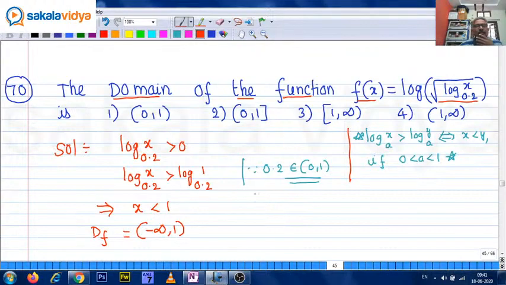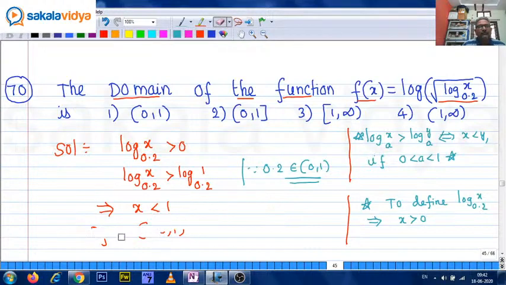One more thing to remember: in order to define a logarithm, for example log x to the base 2, x must be greater than 0.